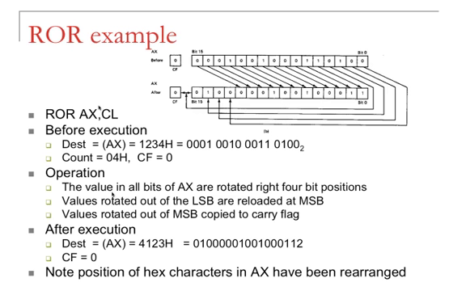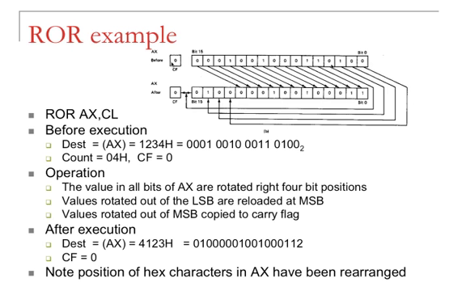So the operation of this instruction is that the values of all bits of AX are rotated to the right for 4 bit positions. Values rotated out of the least significant bit are reloaded at the most significant bit side. Values rotated out of the LSB are copied to the carry flag. If you try to figure out the final value, essentially you can think about this as rotation by 1 bit but 4 times.